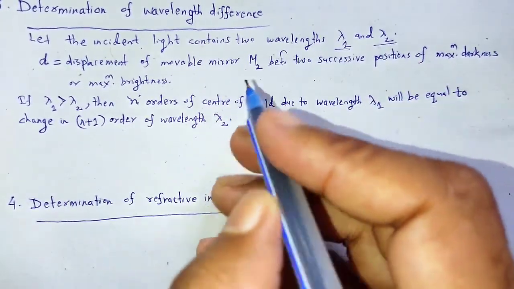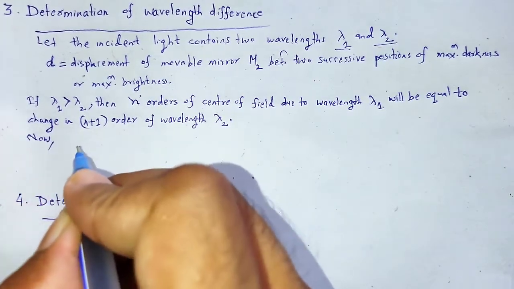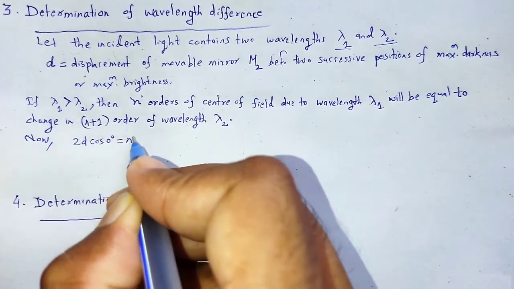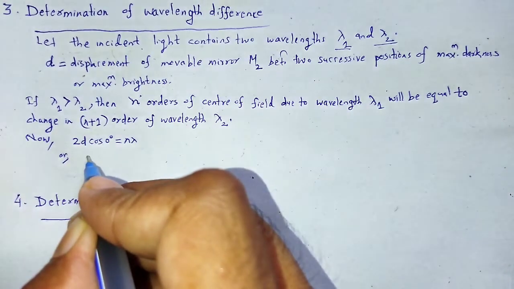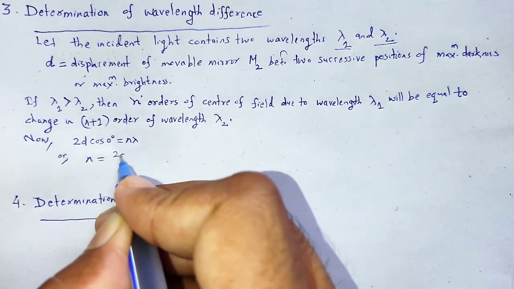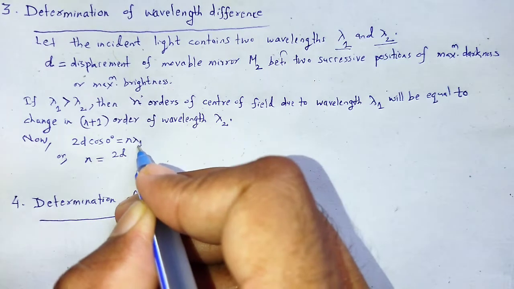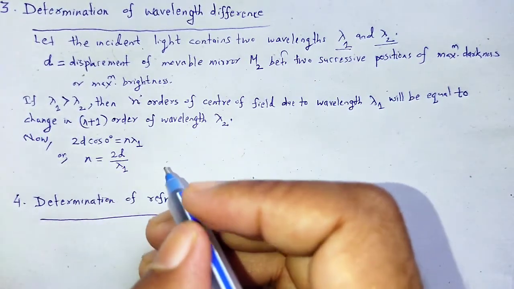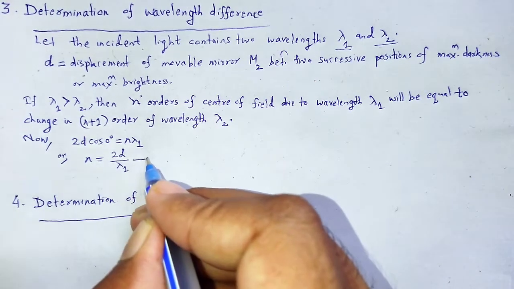Now what we have, 2d cos 0 degree is equal to n lambda. From that point we get cos 0 is equal to 1. So, n is equal to 2d divided by lambda 1, for lambda 1. That is equation number 1.